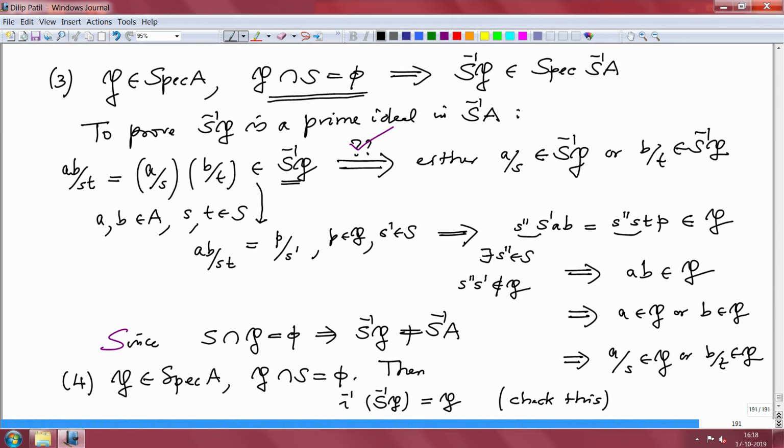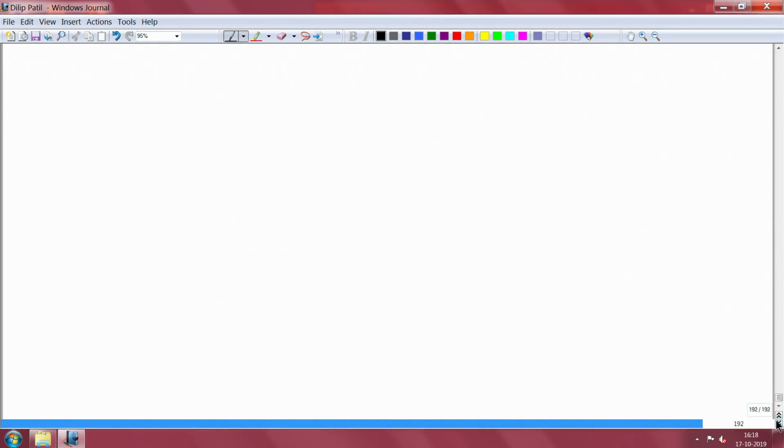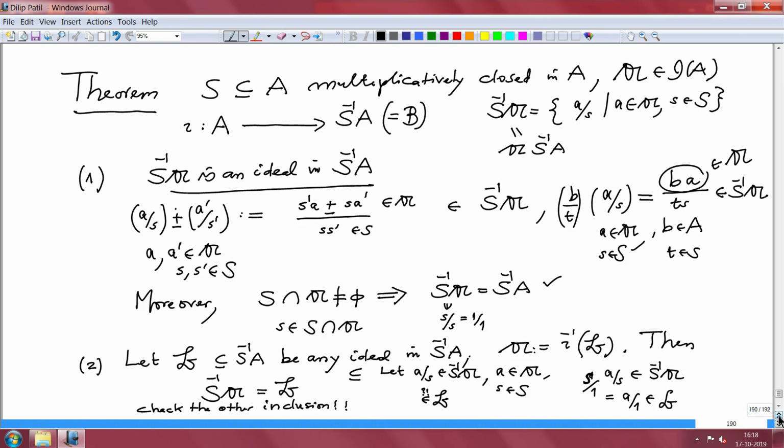So summary, what did we do? I will go a little bit up. Alright, so we were studying the ideal structure. So we know if an ideal contains an element of S, then it definitely becomes a unit ideal.